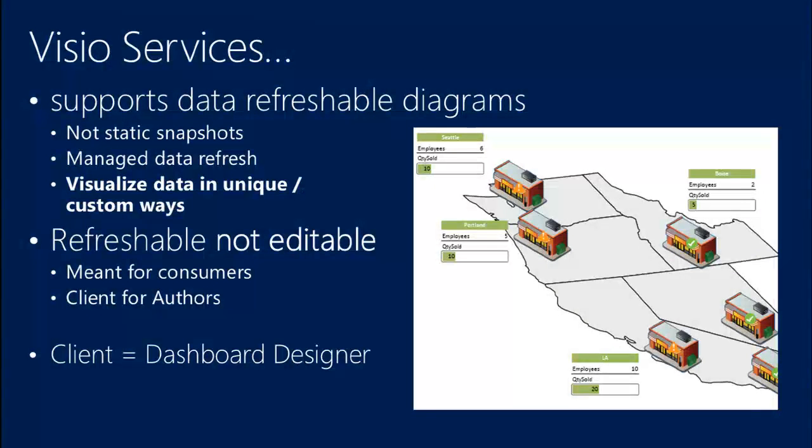So that's the second piece, the data refresh part of that engine that makes those visualizations possible. Now, the big question that comes up here is, okay, we're refreshing data from a back-end system. What about changes to the diagram? Like maybe that org chart example that I was talking about earlier. Chris left the organization, but we've got this shape in the diagram. We want to get rid of that. So Visio Services doesn't allow you to make any changes to the content of the diagram. So the shape has to exist.